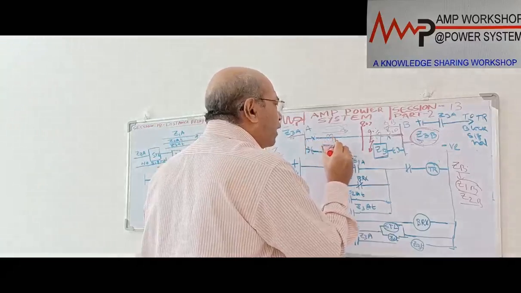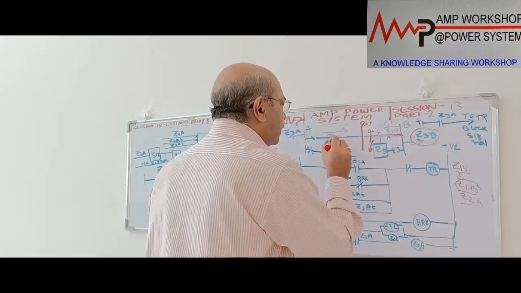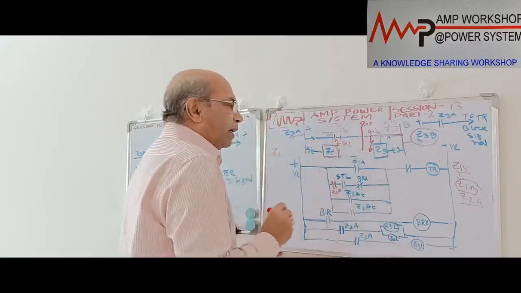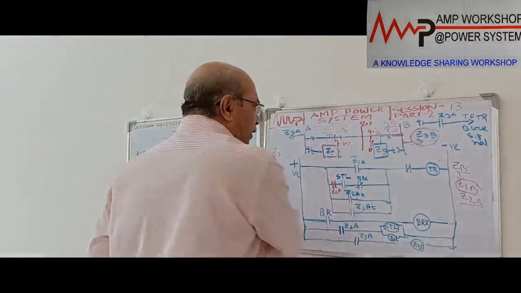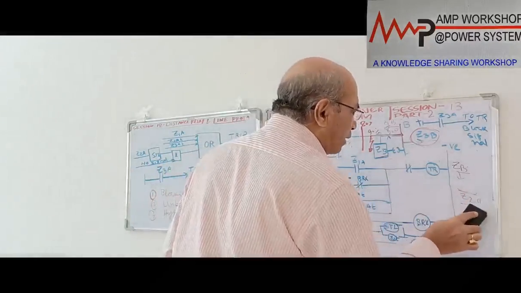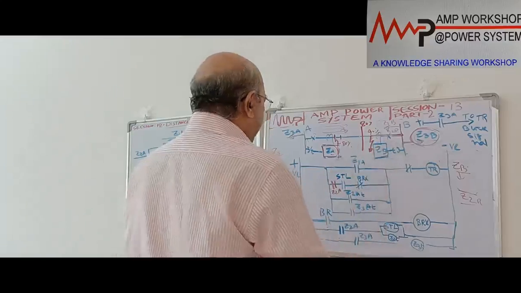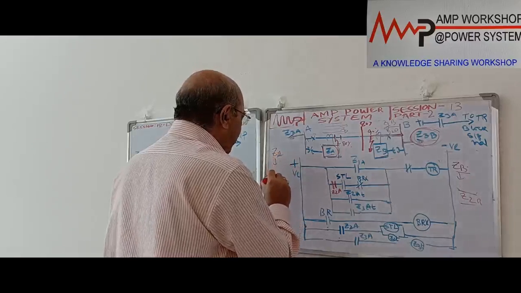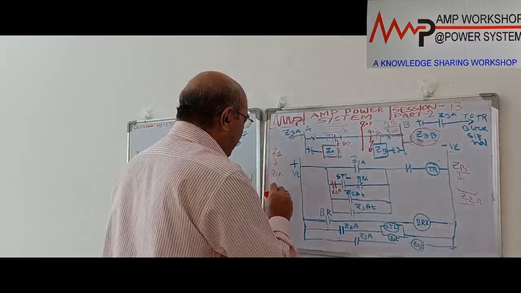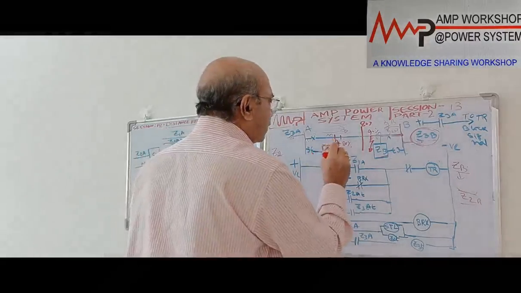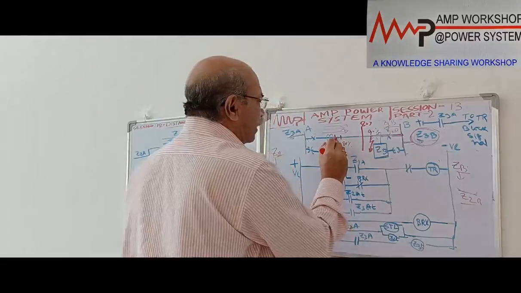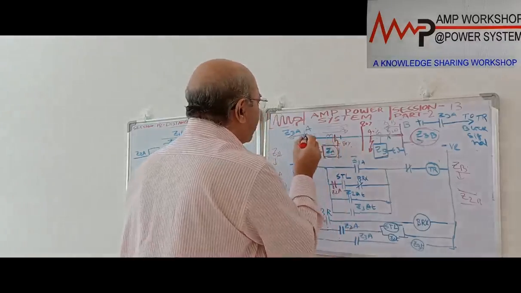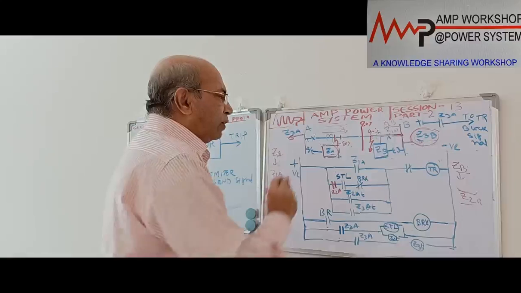In the same way, if the fault is within 10% of ZB, Z1B and Z2B both will pick up. If it is the reverse, with the fault at 90% from this end and this being 80%, what will happen? In that case, the logic is reversed. Z1B will not operate, only Z2B will operate from this end, and here at ZA, Z1A and Z2A will operate because the fault is within 10% from this end, and Z3 will not pick up because Z3 is looking in this direction. So this will be the case.